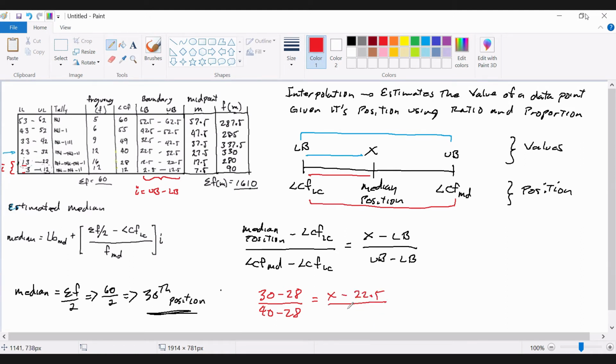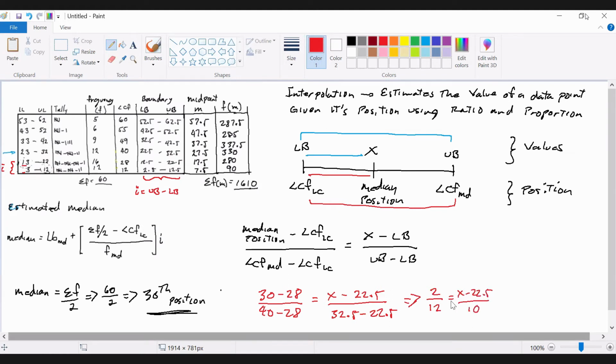Over upper boundary 32.5, oh yeah, 32.5 minus 22.5. Okay, this one becomes 2 over 12. 12 is now equal to x minus 22.5 over 10.